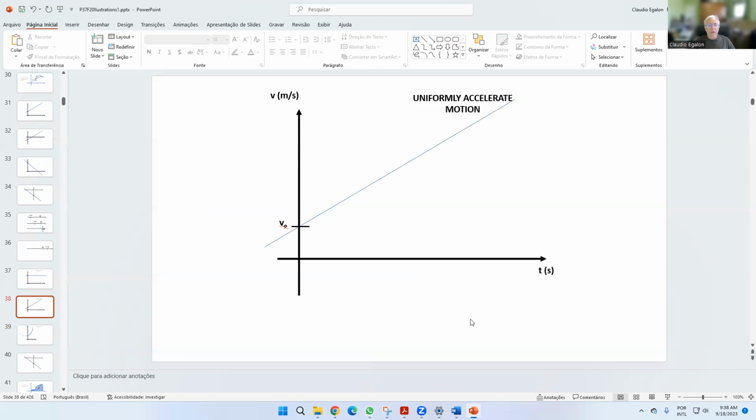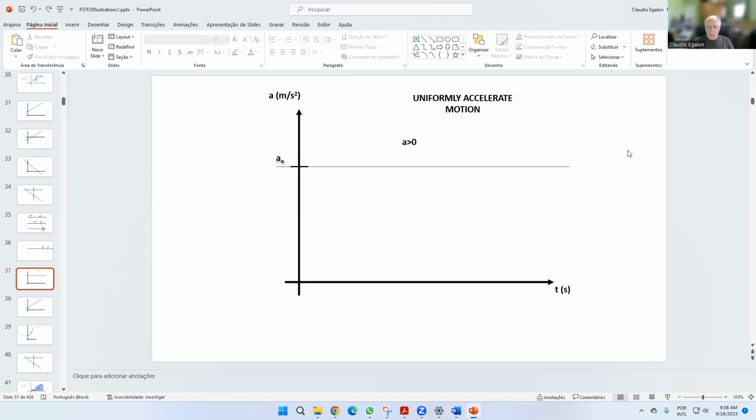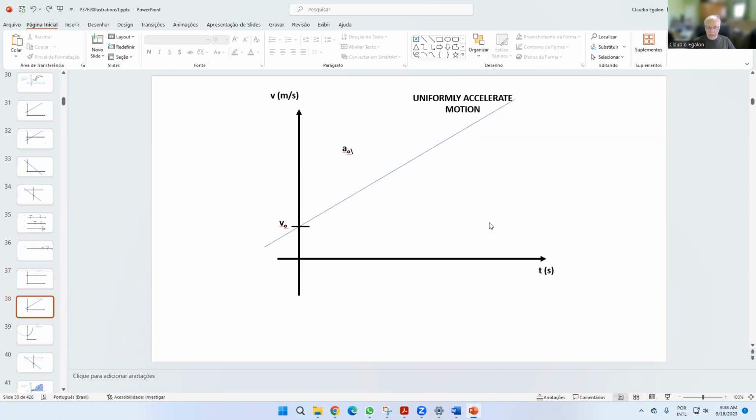Let's go back here. A is greater than 0, and V naught is also greater than 0, because the origin is right here.